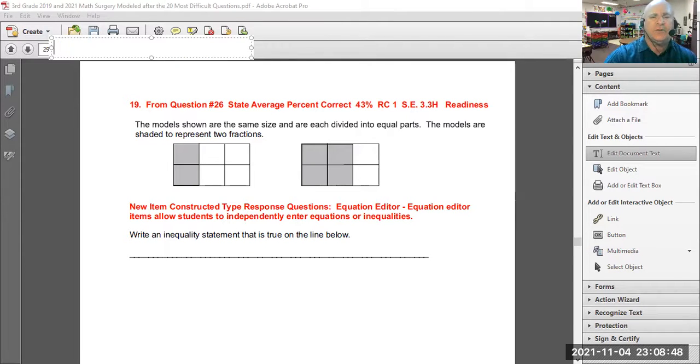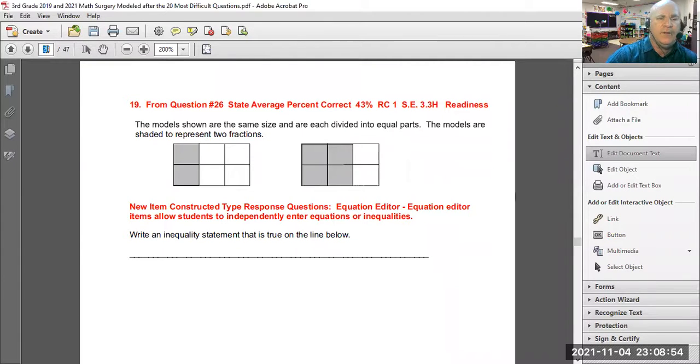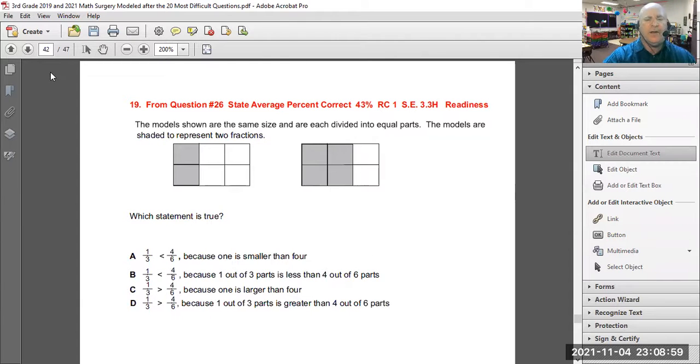Whoops, I got to switch to the mouse so I can do that. Page 42. And you'll see the problem now in multiple choice. And you see the 4, 6.